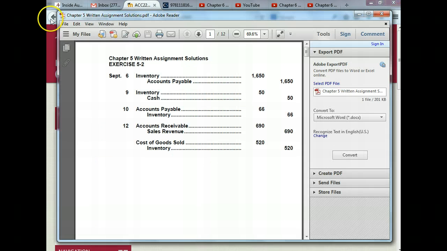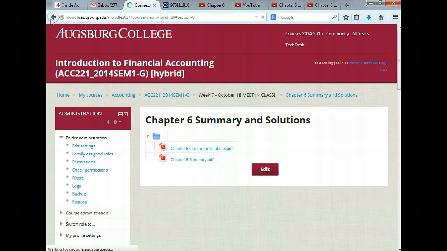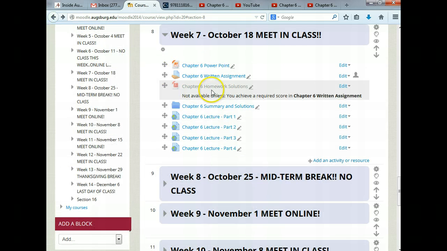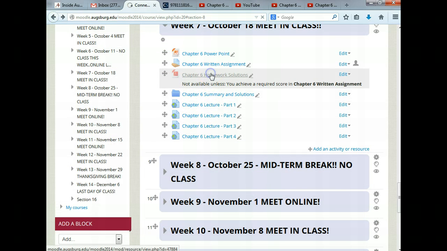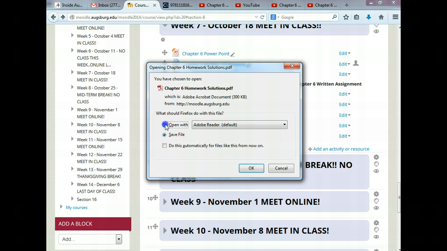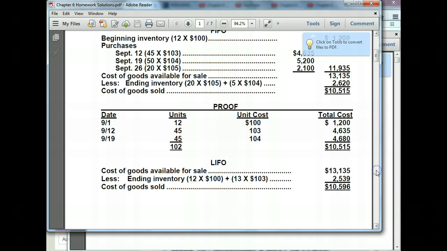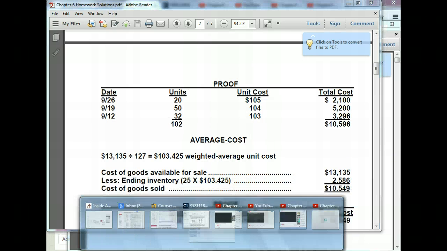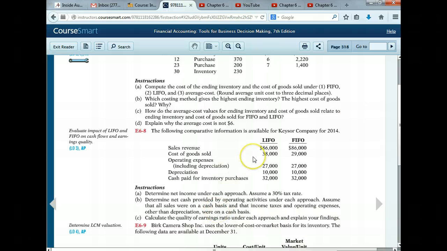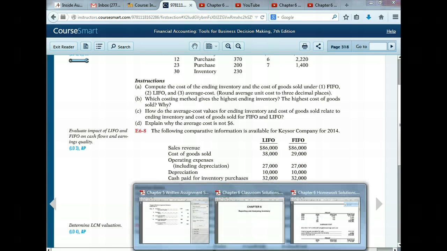So for E8, let's look at LIFO and FIFO. Our sales revenue is going to be the same, but our cost of goods sold is what's different here.